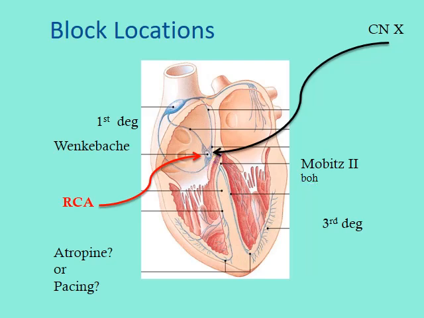Third degree can be low in that AV node, at the bundle of His, or in the trifascicular areas. That's way below the junctional areas. And atropine won't work on third degree blocks. So know your locations and know when to use atropine and when to go straight to pacing.